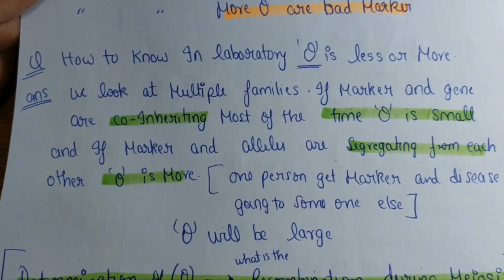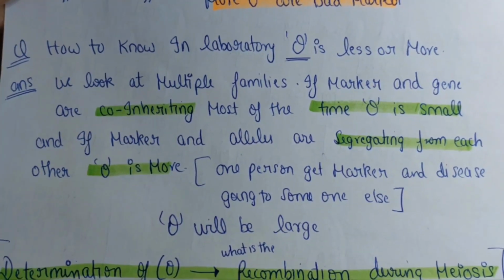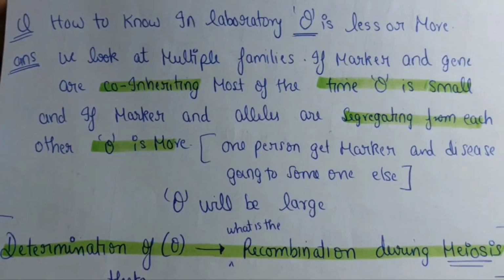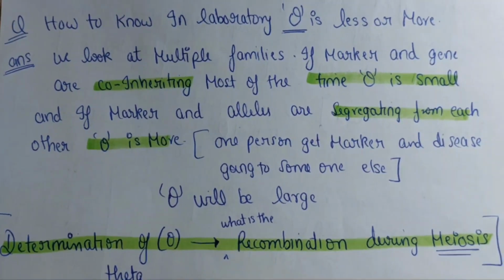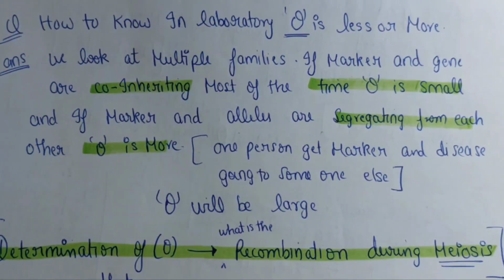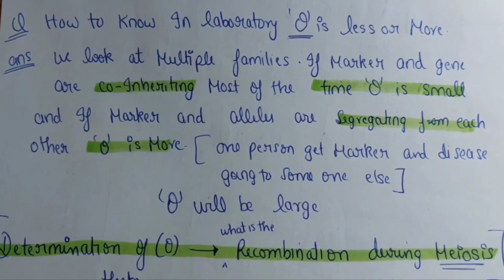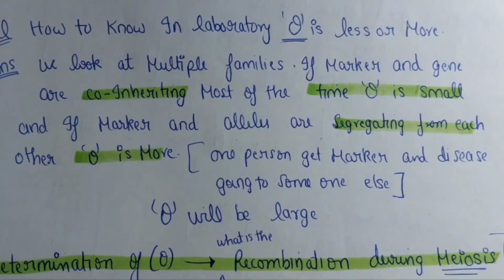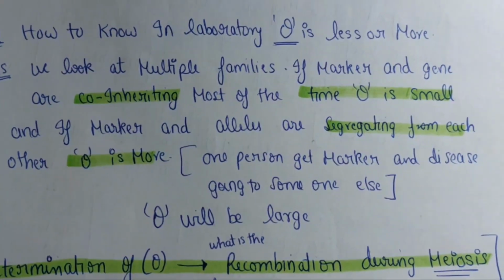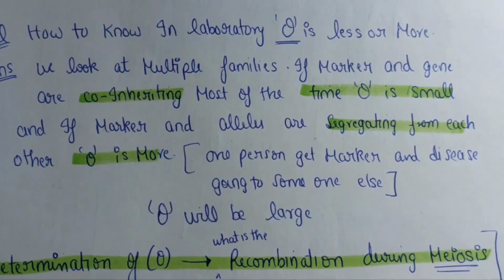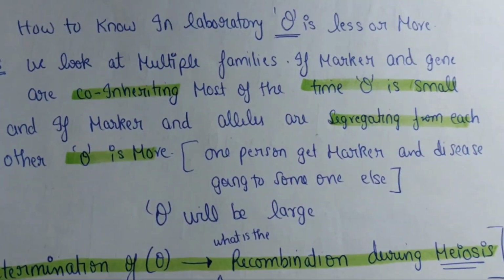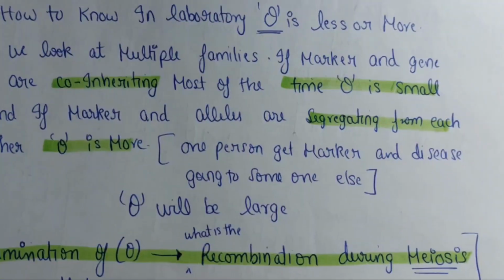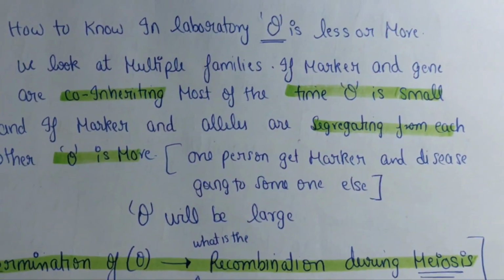So how do we know in the laboratory if the theta is less or more? We look at the familial tree, and if the suspected genetic marker and the defective gene are co-inheriting, this means that most of the time the theta is small. And if they are segregating from each other, this means that theta is large.